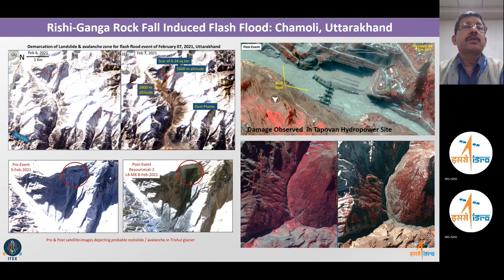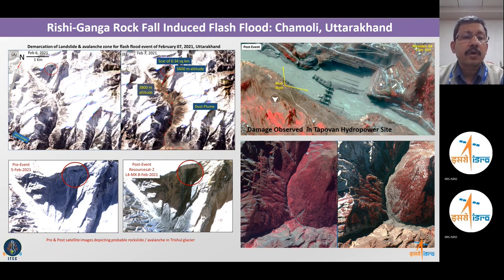So on February 7th of 2021, a big chunk of rock, you see here, fell. I'll just give you an idea about how big it was. It is something like 3 football fields, 50 meters thick.